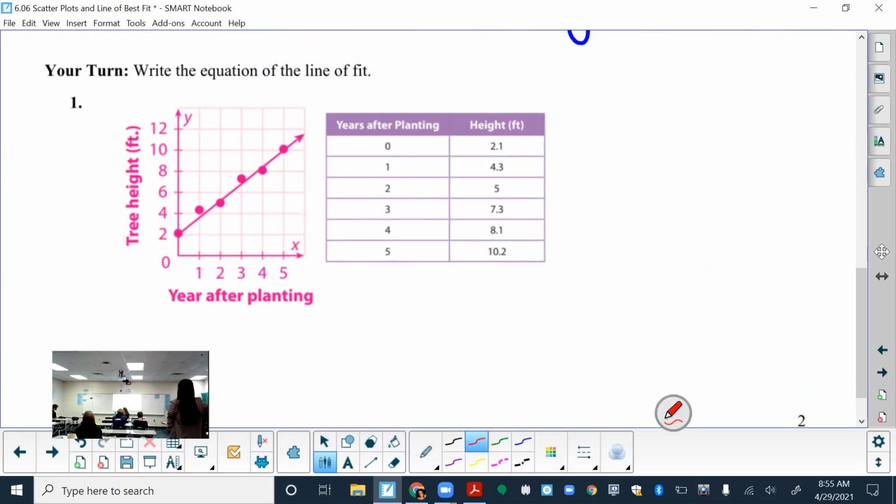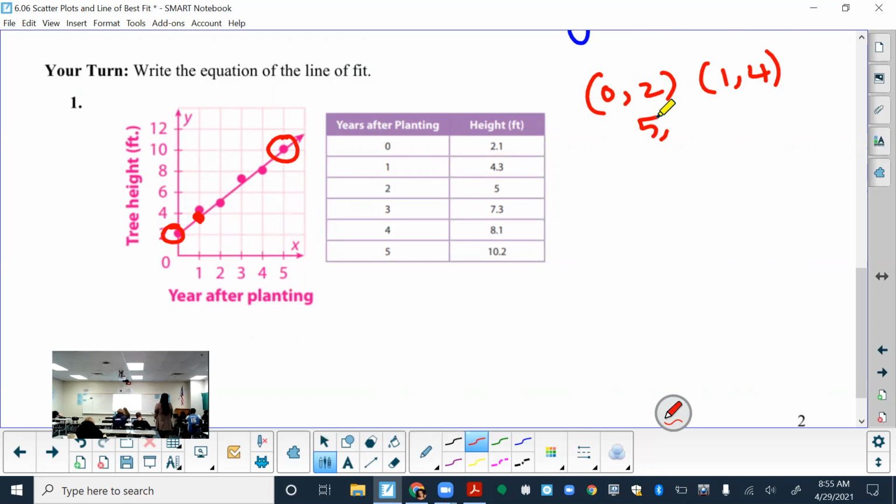All right, so 0, 2. That's a good one to pick. What other one did someone pick? 1, 4, about 1, 4 could have been another option, and 5, 10.